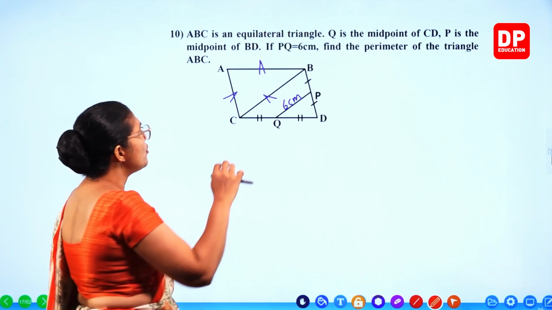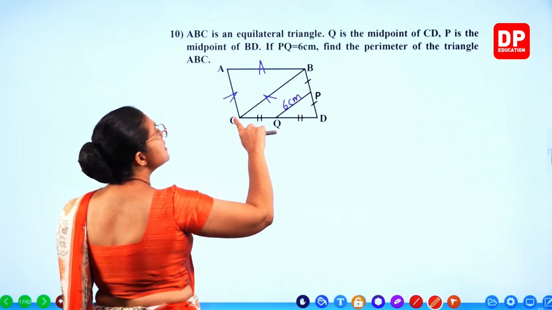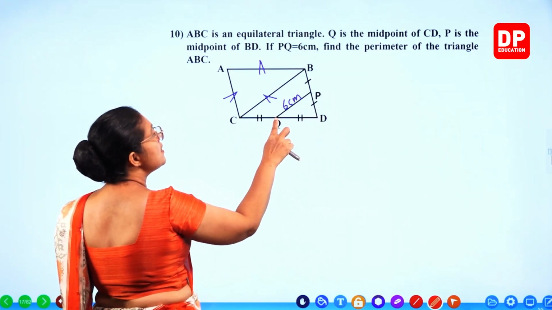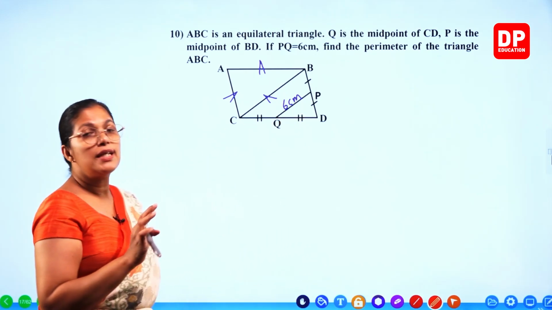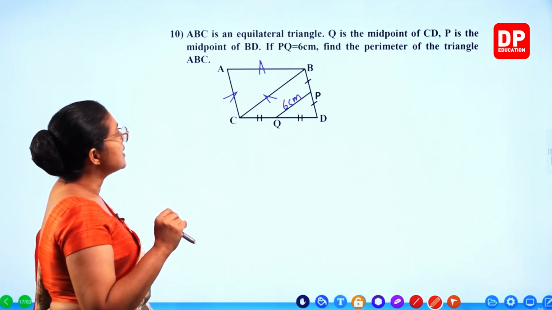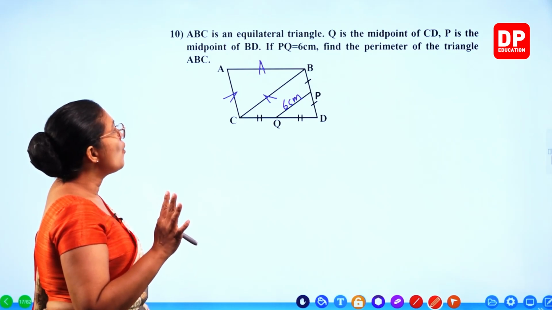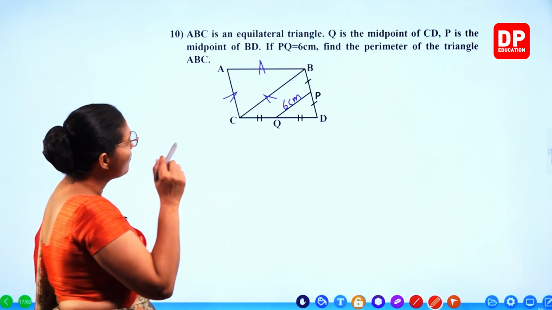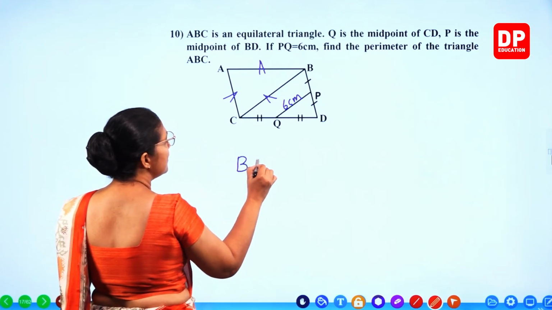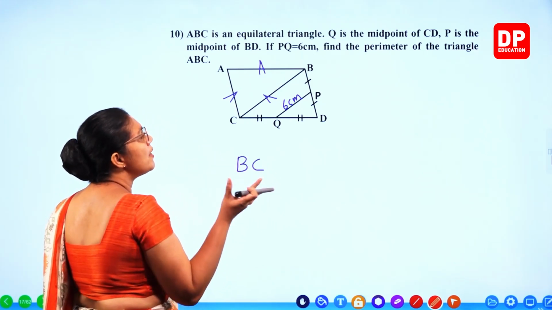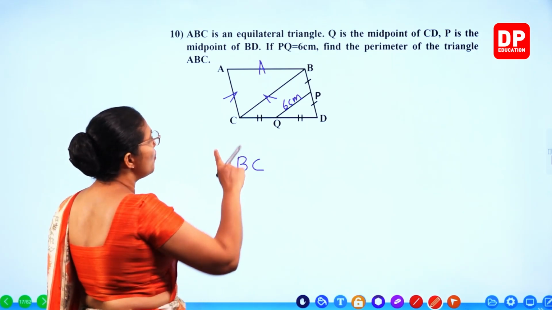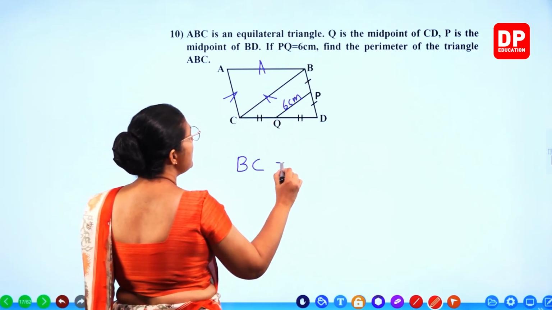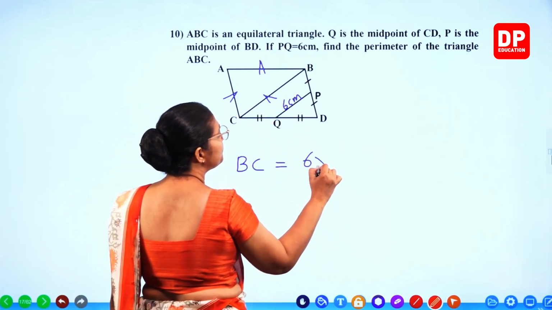So what can you tell about this triangle? Q is the midpoint, P is the midpoint. So midpoints are connected. According to the midpoint theorem, BC is double of this length. So we can straight away write down BC equals 6 times 2.